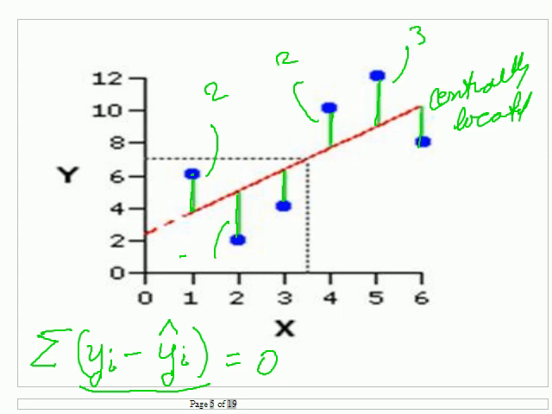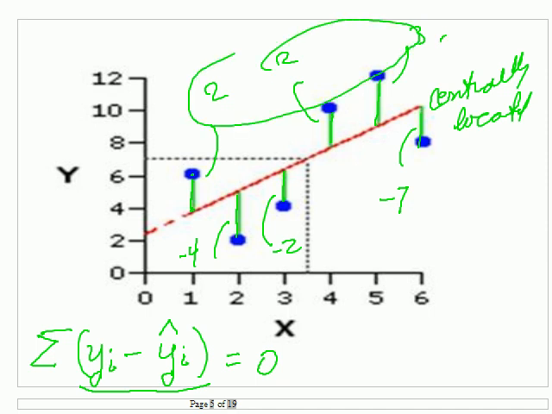This would be minus 4. This is maybe minus 2 and a minus 1. So if I add up all these, I get 7. If I add up all these, I get minus 7. So they would sum to 0. And that's what sum of the residuals equal to 0 means.